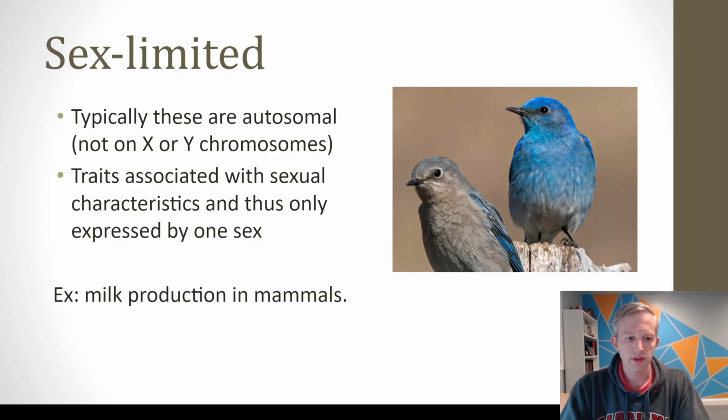I included the example here of coloration in birds. Male and female birds: males are often much more pronounced in color, and they're the ones that have to do the whole song and dance in order to find a mate. For instance, the pigments in this guy here, they both may have the genes for that, but he's the only one who actually successfully expresses those genes.